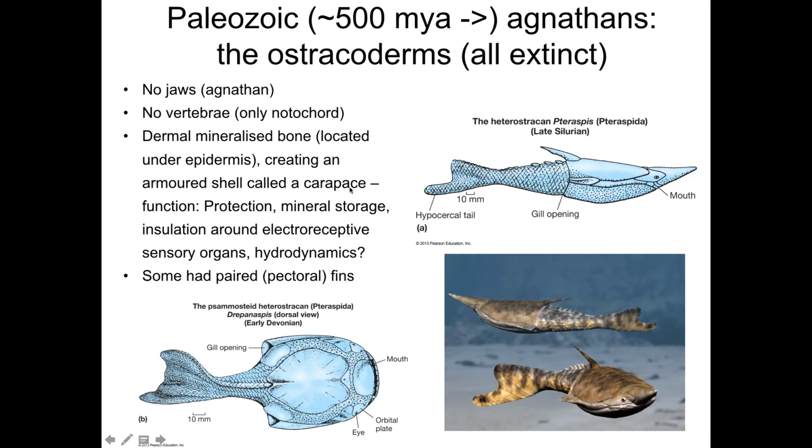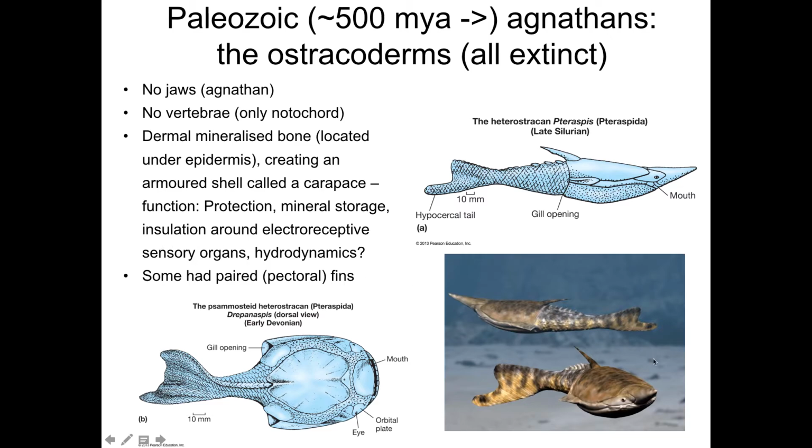The function of this bone is not 100% clear, or the hypothesized function. It could be that it served as some form of protection. Some of these spines seem to suggest that was necessary, or certainly would seem to serve that kind of role. But there are other potential functions. It could actually be a place to store calcium and other minerals.